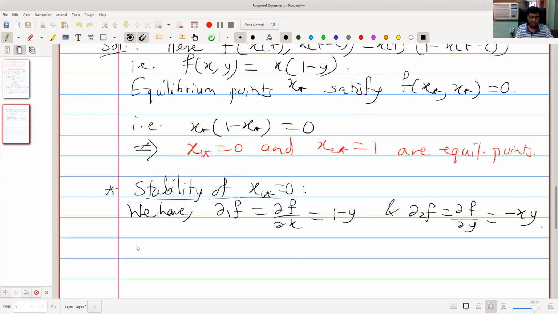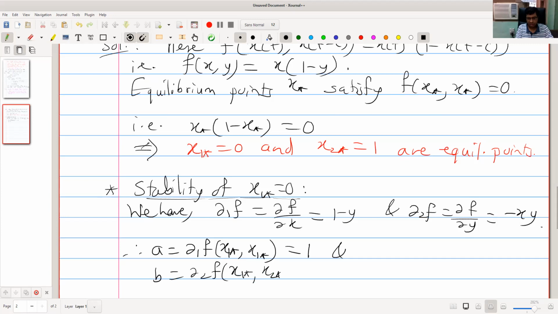Therefore a equals del 1 f evaluated at x1 star comma x1 star, meaning evaluated at 0 0. x1 star is 0, so we substitute x equal to 0, y equal to 0, so that a is equal to 1. And b equals del 2 f evaluated at x1 star x1 star, which is 0 into 0, so it is 0.